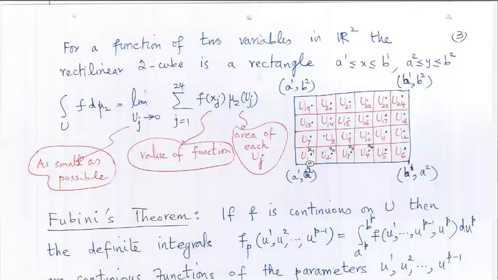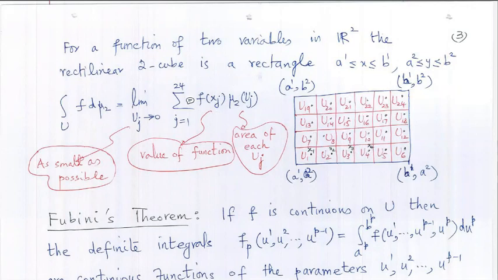In this way, you can see that we have divided the region into 24 sub-rectangles, U1 up to U24, and we have taken one point in each of these rectangles, say x1, x2, and so on up to x24.